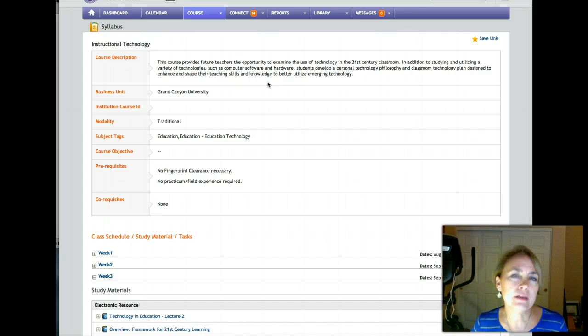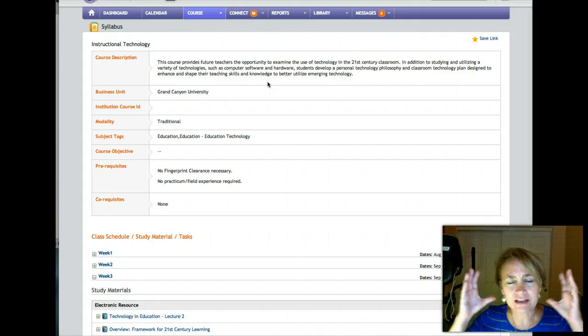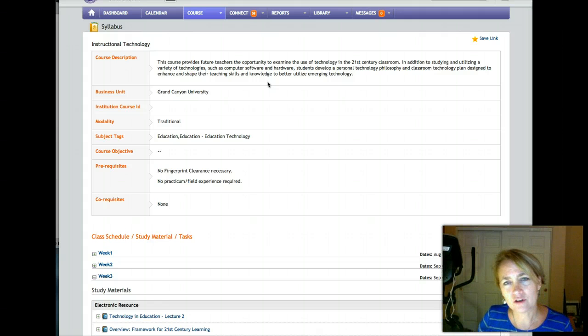Whatever the case may be, I want you to land on a spot in terms of what you want to be and where you want to teach, and then work in that domain when you're doing your assignments and thinking about educational technology.